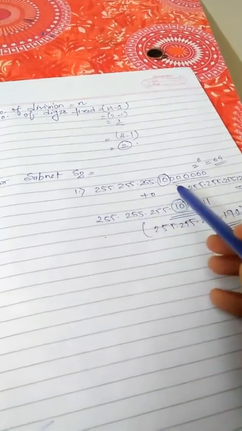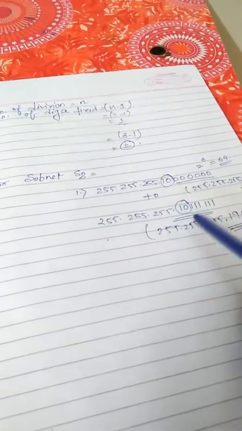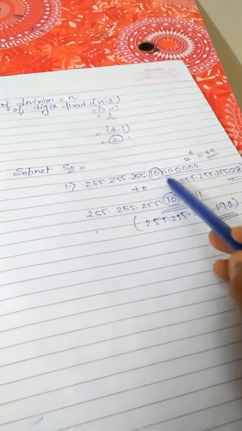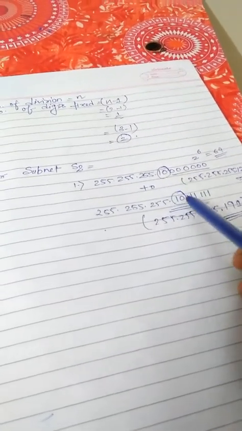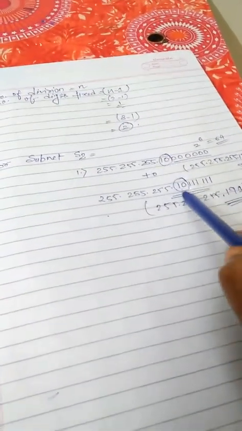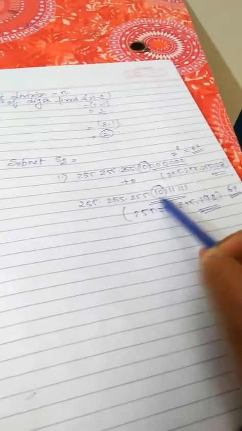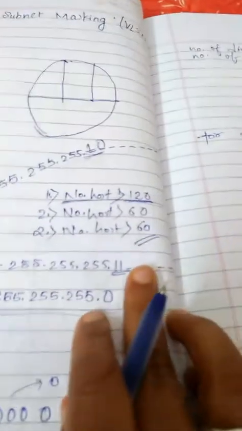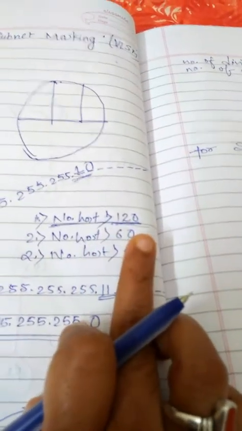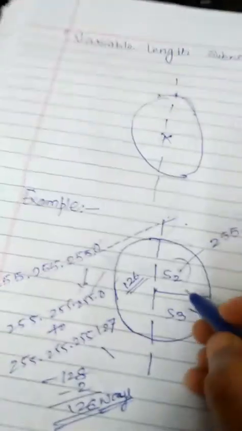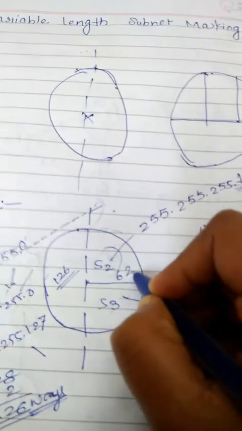As I have already told you, the first and the last IP addresses are used as the network ID and the broadcast address for that particular network or subnet. Okay, so these will not be counted as hosts, so we will subtract 2 here. So we are getting 62. So our second requirement, that the number of hosts should be greater than 60, is also verified and it is applicable here.